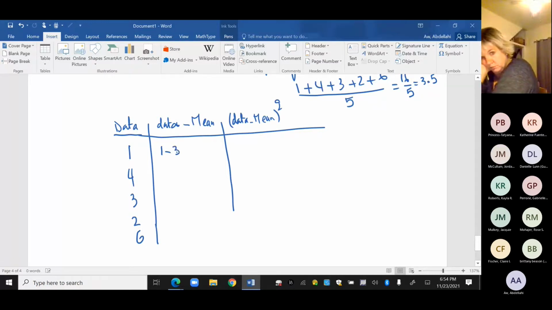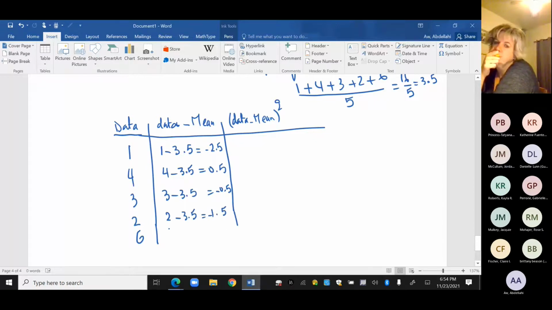1 minus 3.5 is how much? Negative 2.5, right? 4 minus 3.5 is 0.5. 3 minus 3.5 is negative 0.5. And then we have 2 minus 3.5 is negative 1.5.